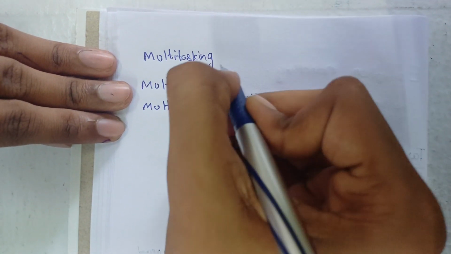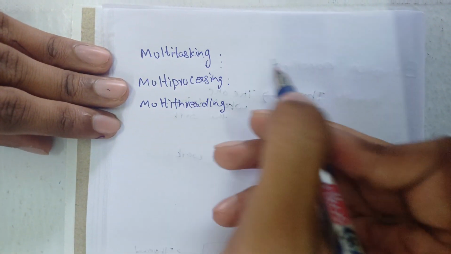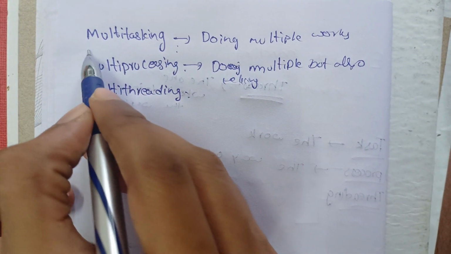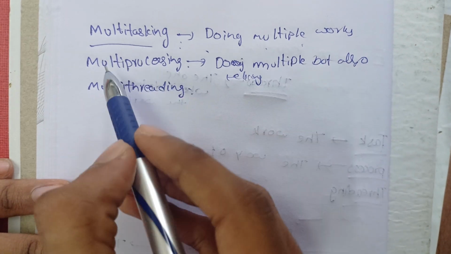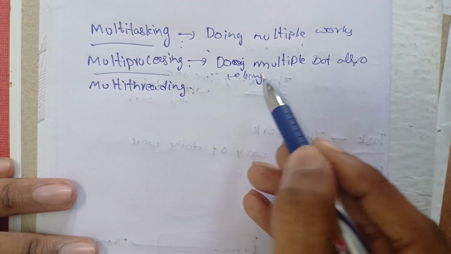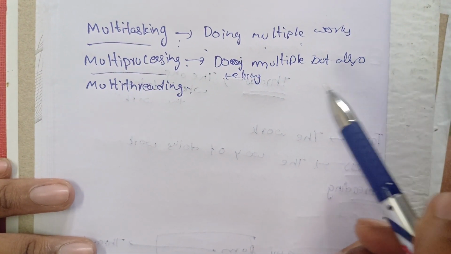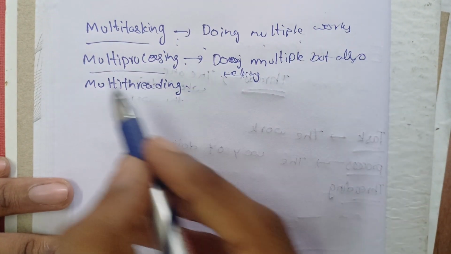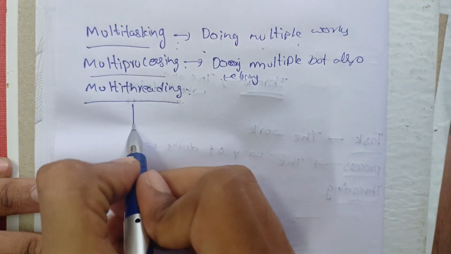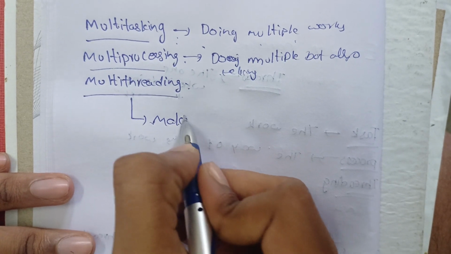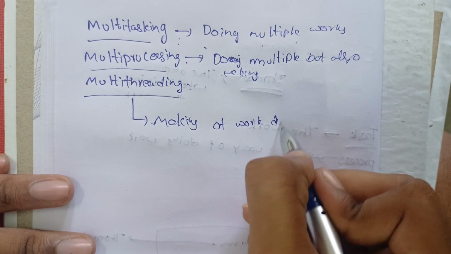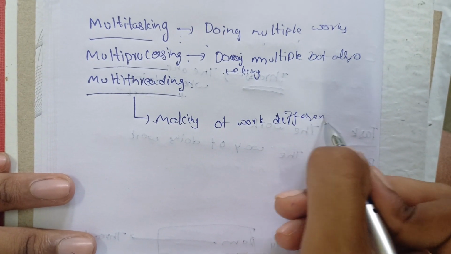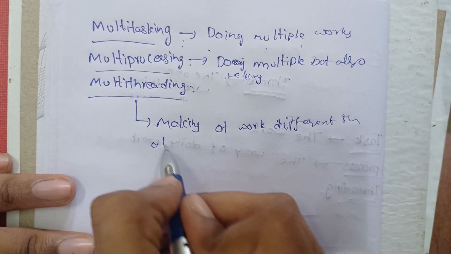I think most of you have already guessed what these define. Multitasking means doing multiple works at the same time, whereas multiprocessing means doing multiple works and also telling the way of doing works. But multi-threading means making different threads work at the same time.